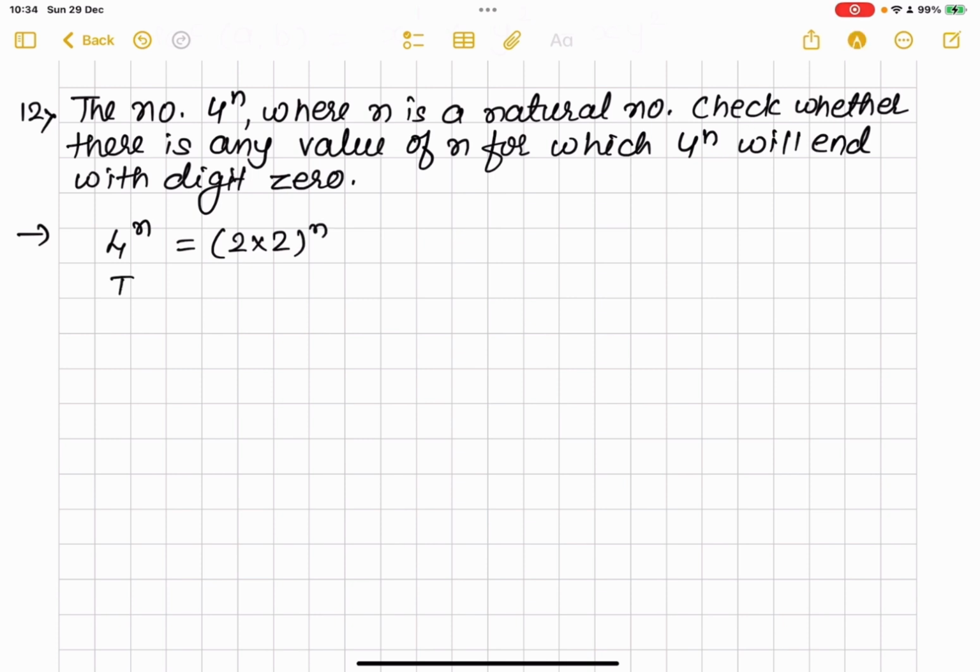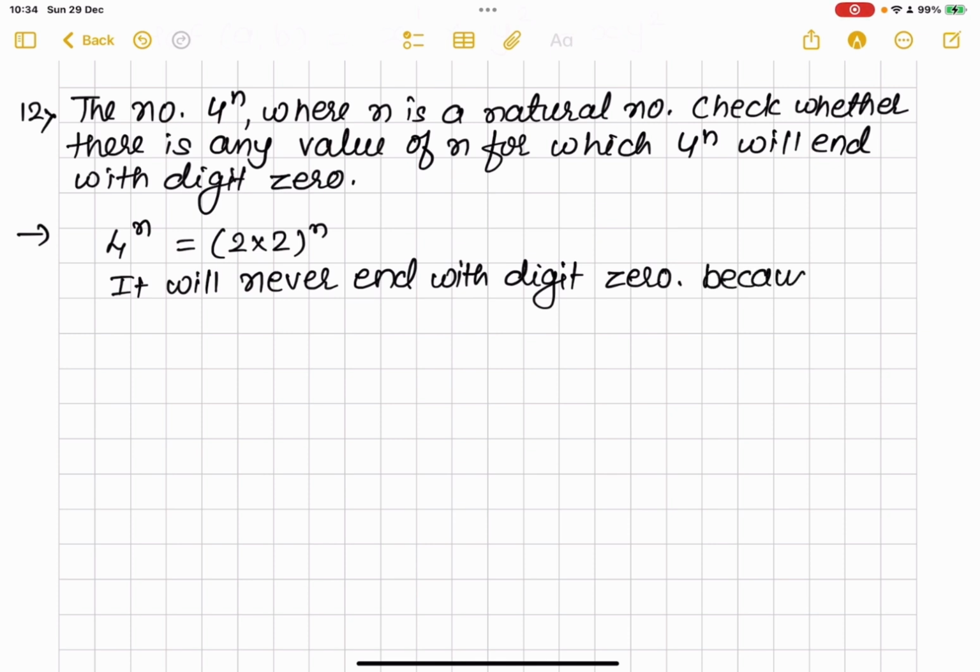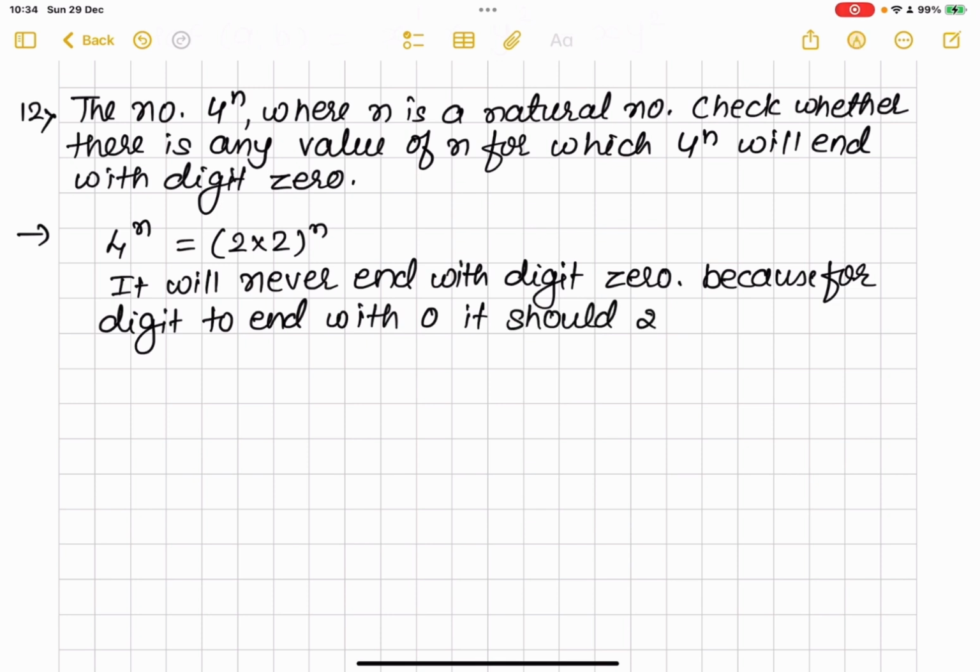So it will never end with digit 0, because for a digit to end with 0, it should have 2 and 5 as factors.